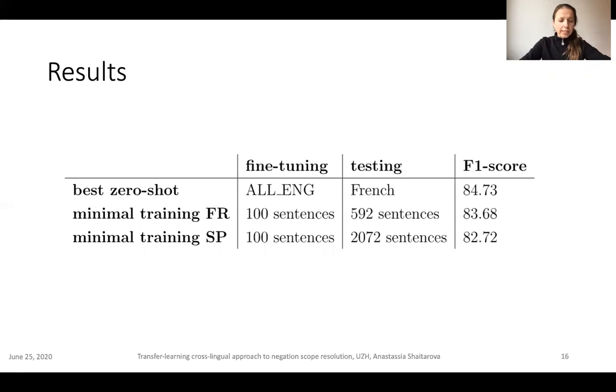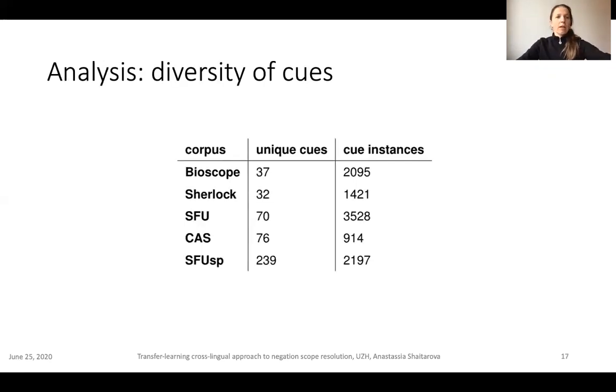I performed a more extensive investigation to see what might have caused the difference between the French and the Spanish results. And there are multiple aspects that could have affected the outcome, including annotation differences between the corpora. This issue has been discussed by many researchers. I will briefly talk about two other aspects. First is diversity of cues.